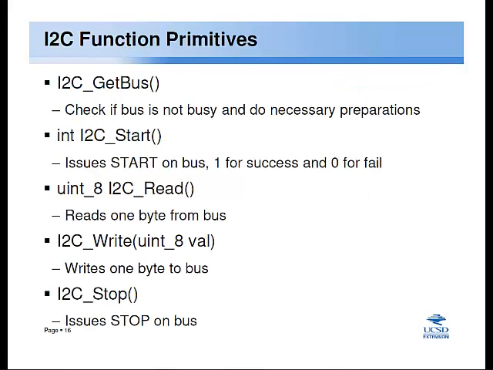In this exercise, I ask you to write the assembly routines with these names, and then you use the build as a library option in your assembler. Then you can build a library and use it in your C language to manipulate this specific chip. The example I give you is I2C get bus, I2C start, I2C read, I2C write, and I2C stop.